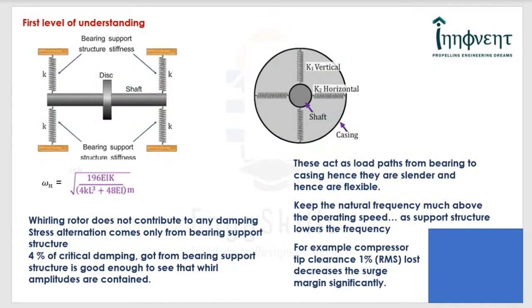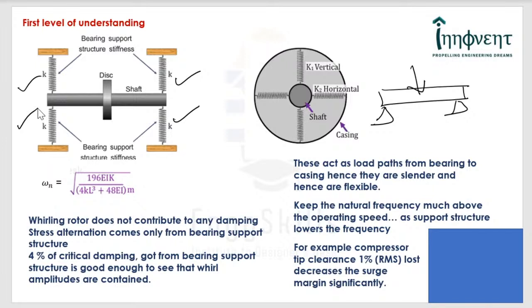Now look at the figure. Now it is very easy to understand. If I keep the shaft on a rigid platform and try deflecting it, then it would deflect by a small amount, that is, to the extent the shaft is flexible. But if I keep it on a flexible platform as shown here, you can see that the deflection increases significantly.